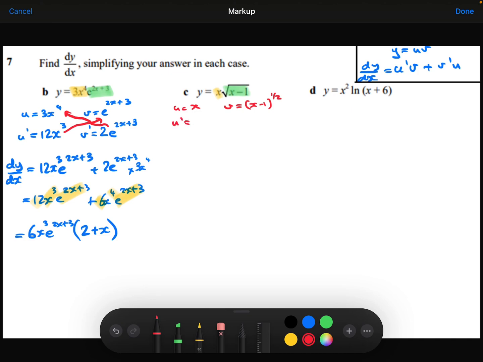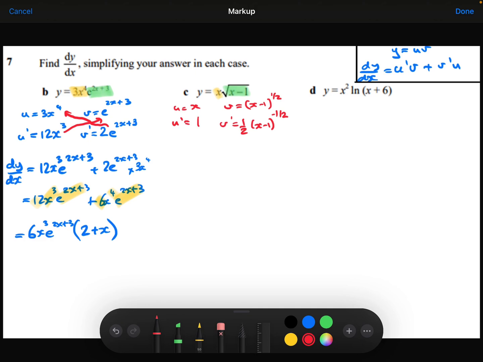Differentiating the x, I'll get just 1. Differentiating the x minus 1 to the power of 1/2, I will get 1/2 times x minus 1 to the power of minus 1/2. And that's it.